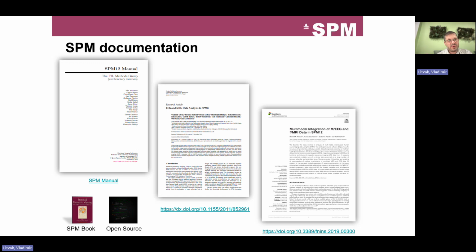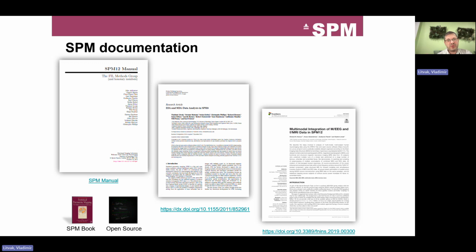There's a paper published in 2011, which deals with analysis of EEG and MEG in SPM8. Although some interface details have changed since then, the basic ideas of analysis are still not outdated, so you can read this paper as well.